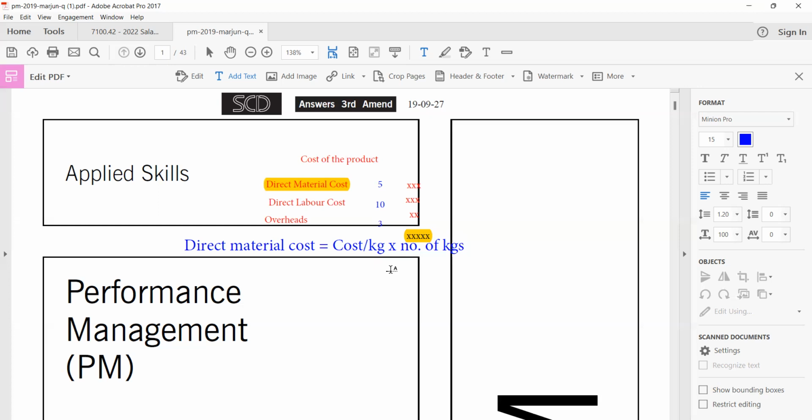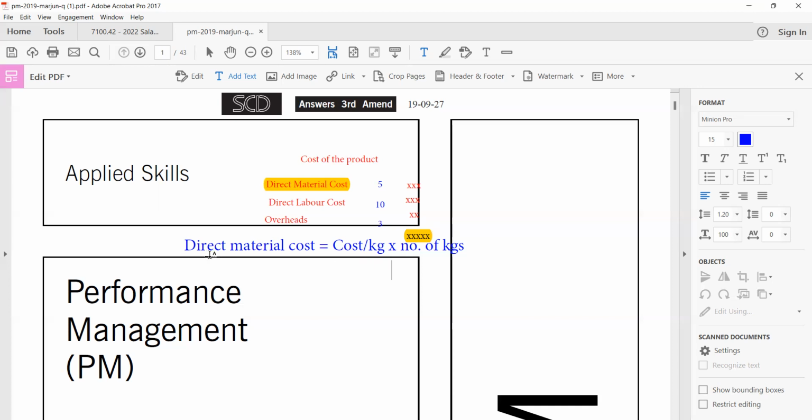In that case, we expect you to convert the grams to kilograms so that you can multiply with the cost per kilogram. It would be insane to multiply the number of materials in grams by the cost per kilogram.